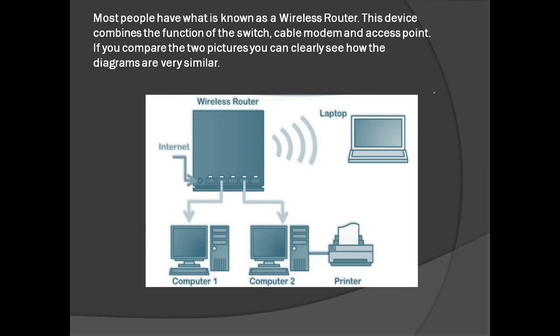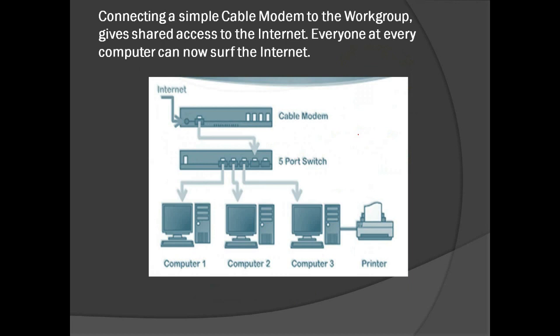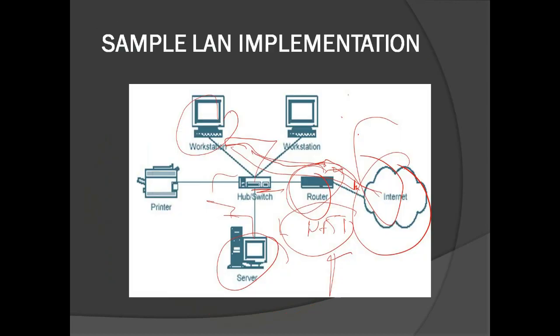Same as well with this one. We have the internet, we have the wireless router, we have the LAN computer, and the wireless connectivity. So these are examples of LAN networks, or simple LAN implementation.